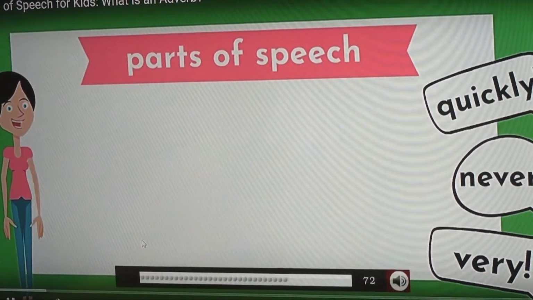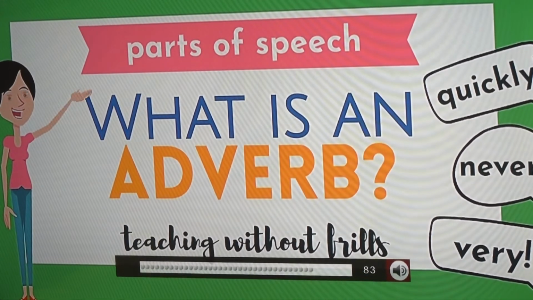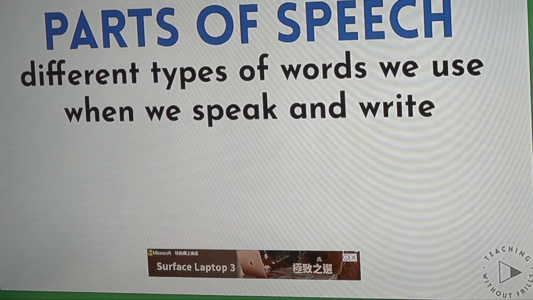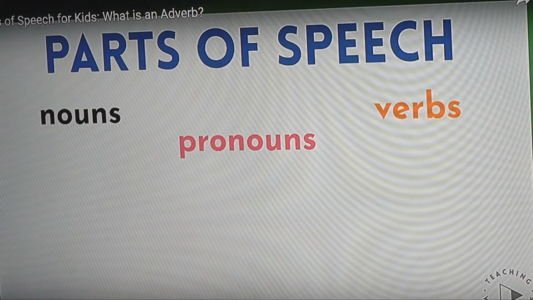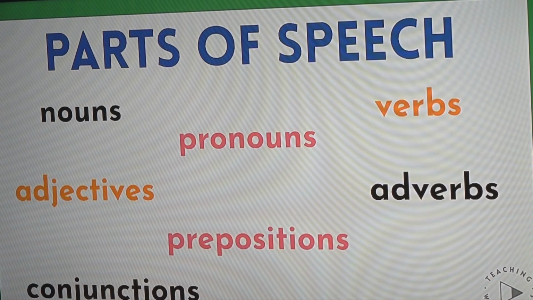Parts of speech. Parts of speech for kids. What is an adverb? By Teaching Without Frills. Parts of speech are different types of words we use when we speak and write. There are 8 main parts of speech: nouns, pronouns, verbs, adjectives, adverbs, prepositions, conjunctions, and interjections.